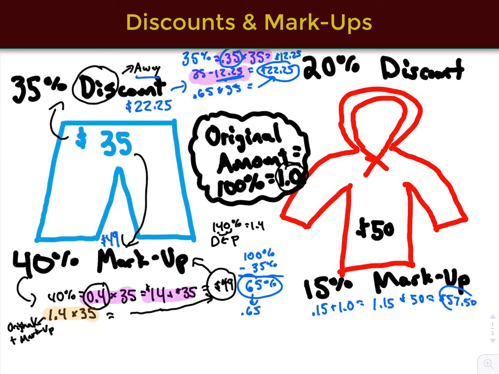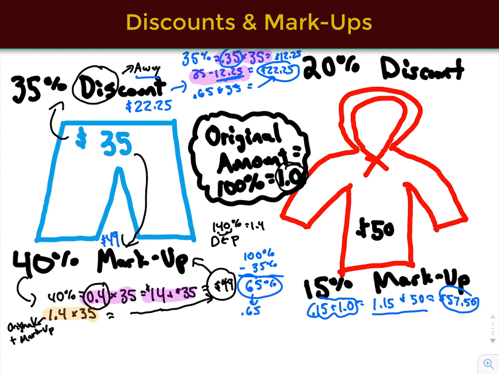And that's it. It's just this one multiplication equation. Technically, we have to add our percents too, but that is a simpler route to go. Again, looking back, I could have done 0.15 times 50, which would have been $7.50, and I could have added that to 50 to get me to $57.50. But we're working towards doing this in one step.